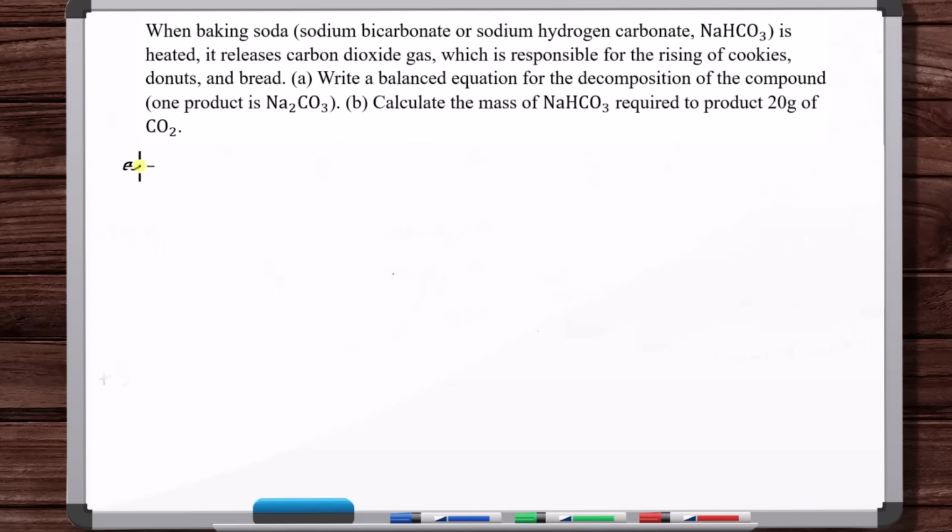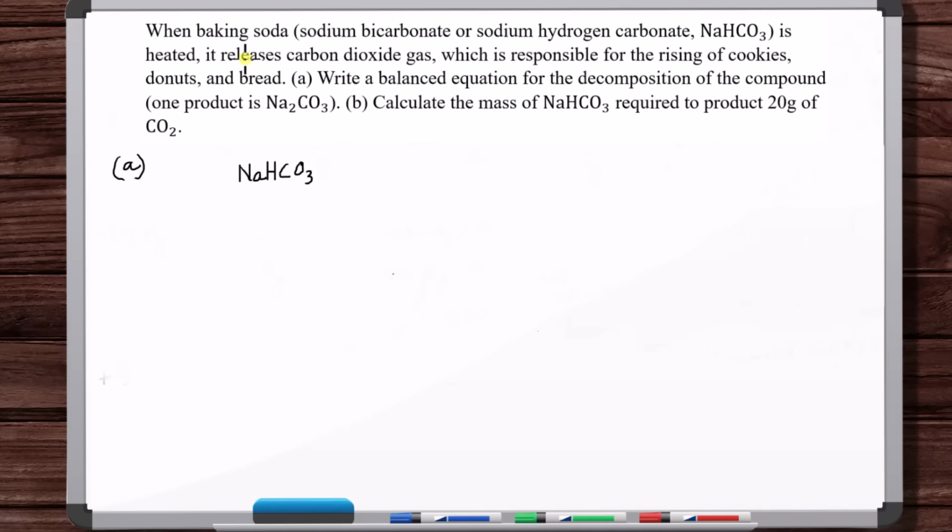All right. Part A, write a balanced equation. So what is it telling us? Baking soda is going to be heated. So in our reactants, we're going to have baking soda for sure. Okay. And it's just saying when baking soda is heated, it does something. It's not reacted with anything.